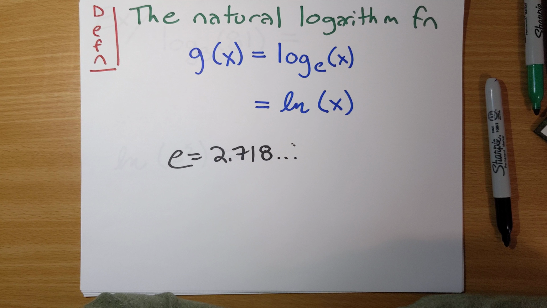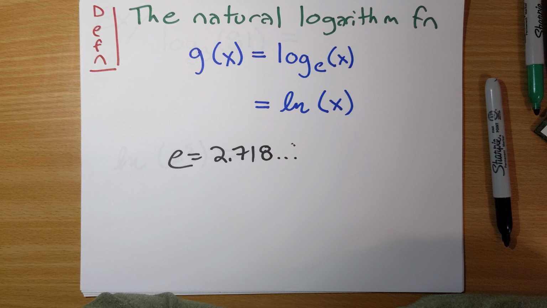Of course, we have a special logarithm function, just like we have a very special exponential function. The natural logarithm function, g of x, is log base e of x, where e was that number from a couple of videos ago, 2.718... And there's a special way that we write this: ln of x, natural logarithm of x here.